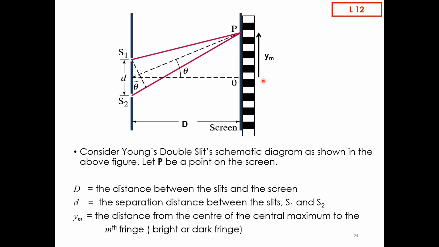I want to calculate the distance between the central bright fringe and the third bright fringe, so I need to consider from the central bright. So ym is the distance from the central maximum to the order that we want to calculate.